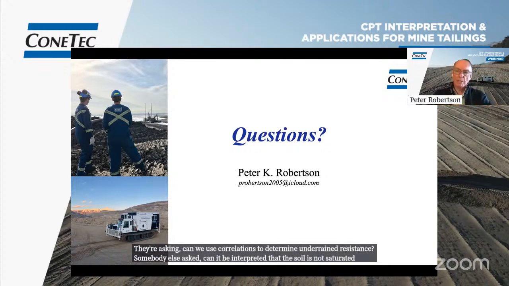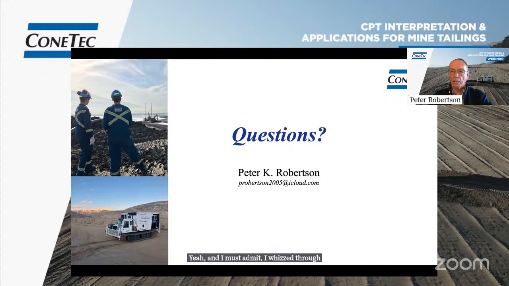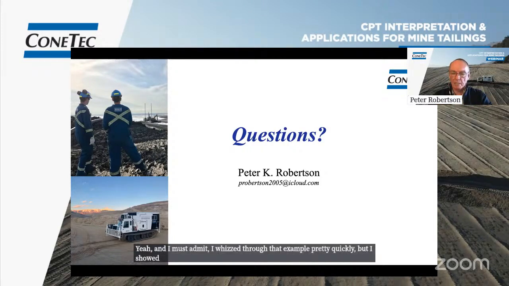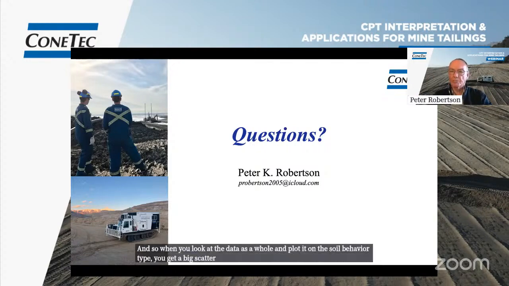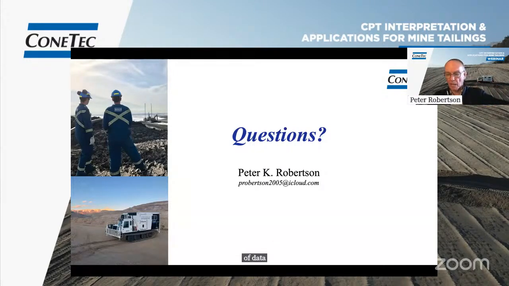I addressed that, and I must admit I whizzed through that example pretty quickly, but I showed an example of interbedded tailings. What happens is that in the fine silt tailings, the CPT penetration was undrained, with BQ up around 0.6. But every time you hit a sand layer, it became drained. So when you look at the data as a whole and plot it on the soil behavior type chart, you get a big scatter of data, some of it plotting up towards the drained area in sands, most of it plotting down in the undrained region.